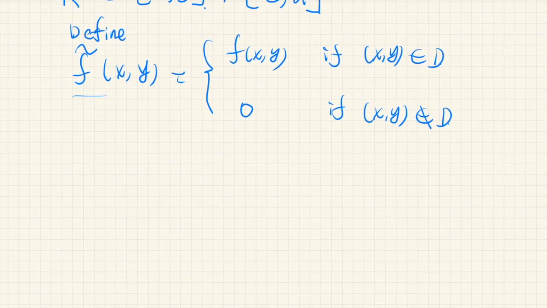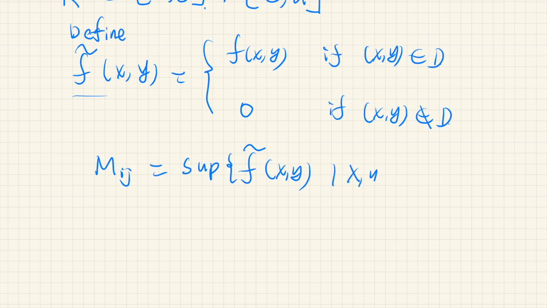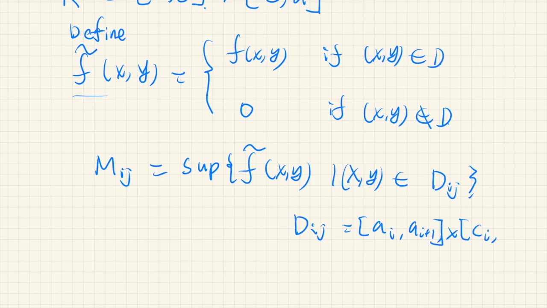We define capital Mij as the supremum of the functional value where x and y are in the subinterval Dij. By the way, Dij is the Cartesian product of ai to ai plus 1 times cj to cj plus 1.